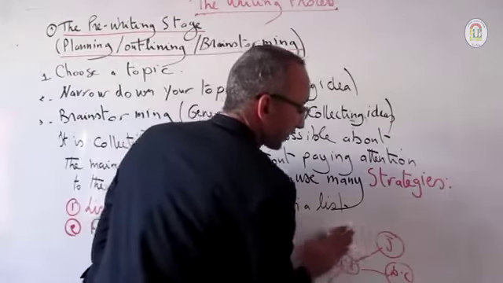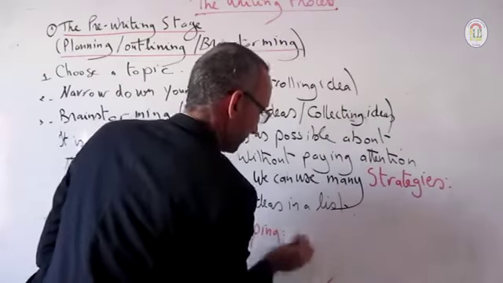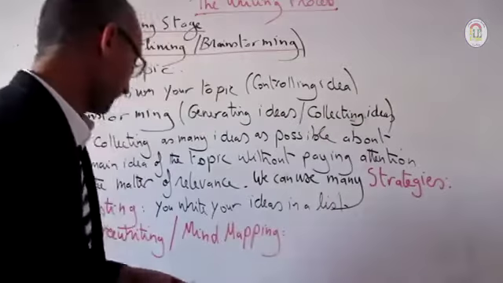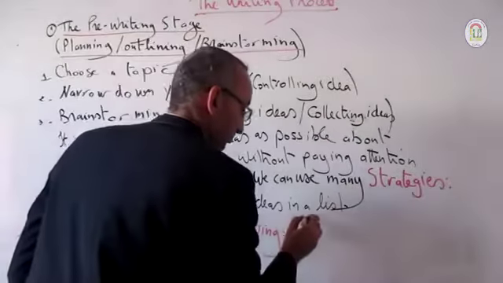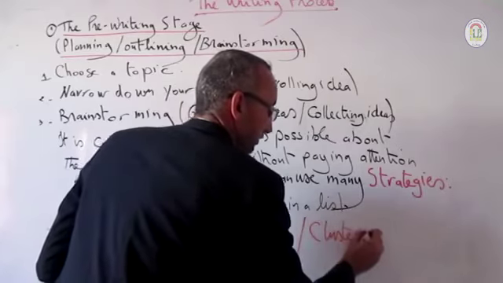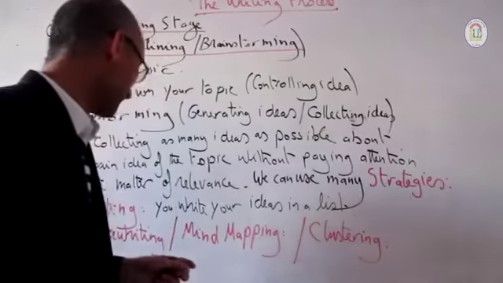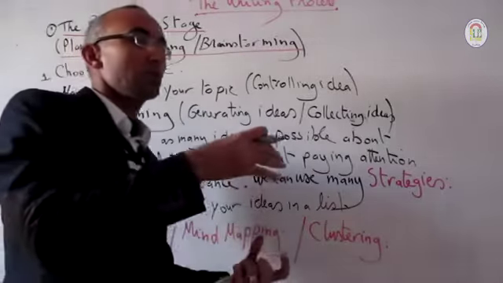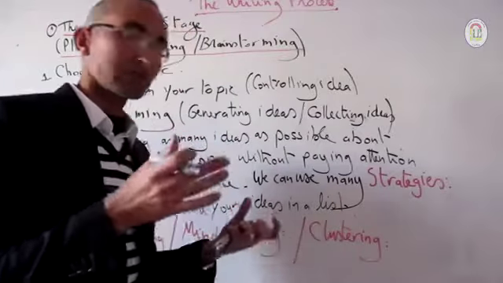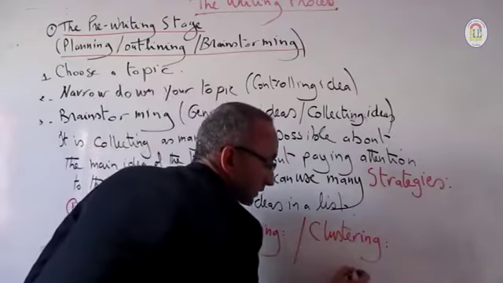And also there is another one which is called clustering. Clustering is writing down ideas in the form of a tree diagram, nearly straight lines, touched together. For example, here I have this form.